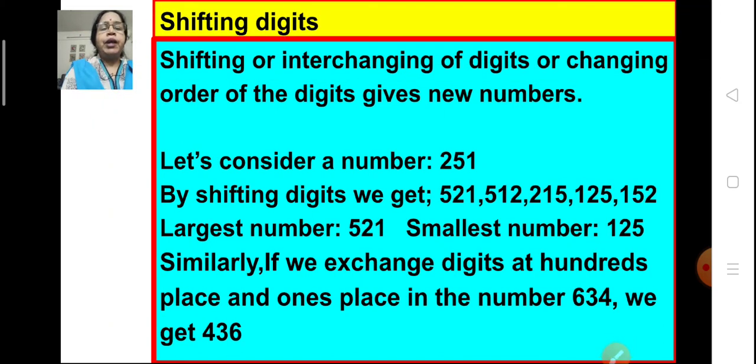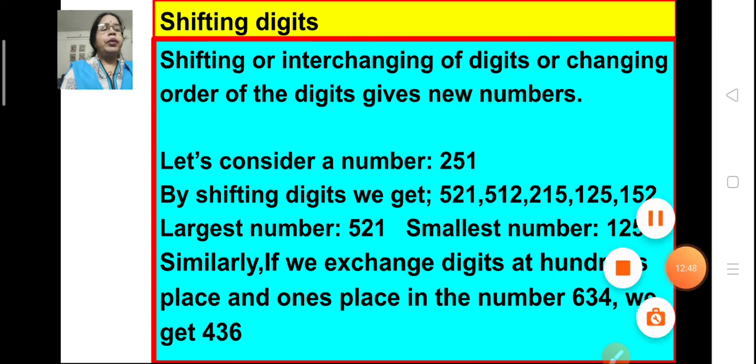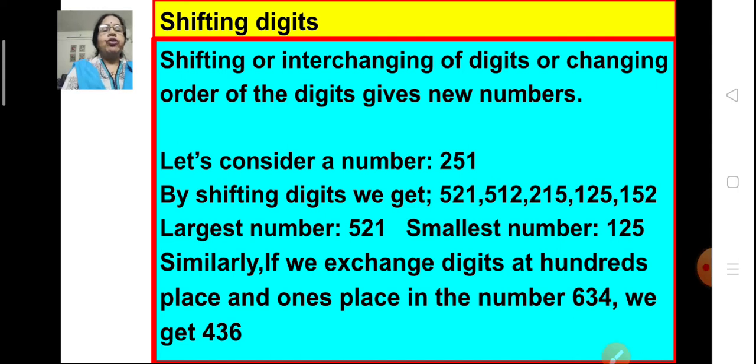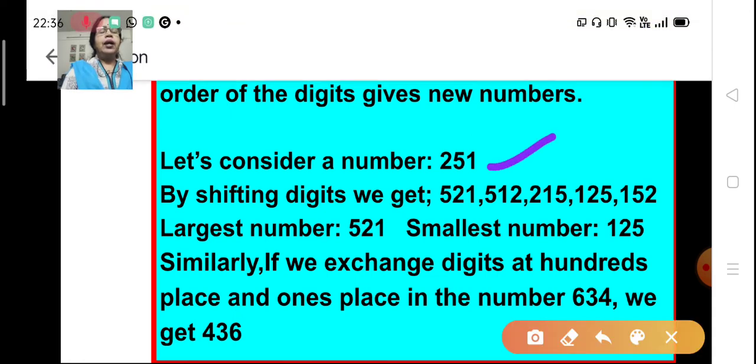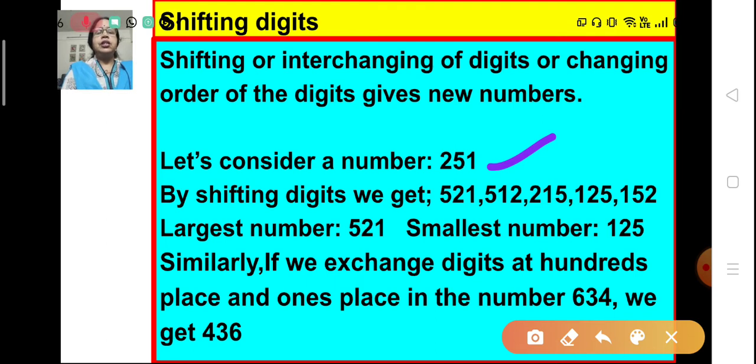Now, let us see the next one. While forming numbers, if we interchange or shift the digits, then also we get new numbers, isn't it? So, for example, if we take the number 251 and shift the digits from ones place to hundreds place, or from tens place to ones place, then we get new numbers.